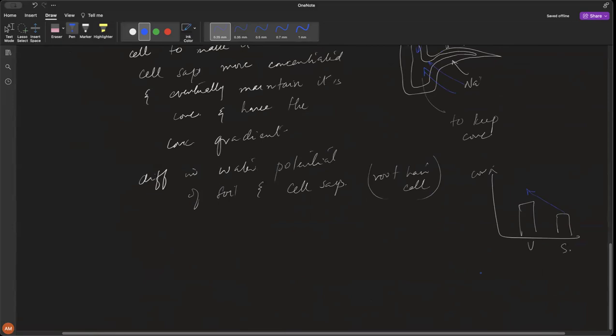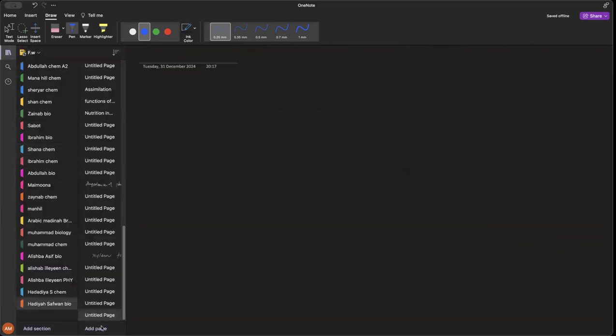All right. So this is how water actually entered into the root hair cell, into the plant. Now it has to make the journey all the way towards the xylem vessel so that it can be transported further, right? So what happens from there onwards?